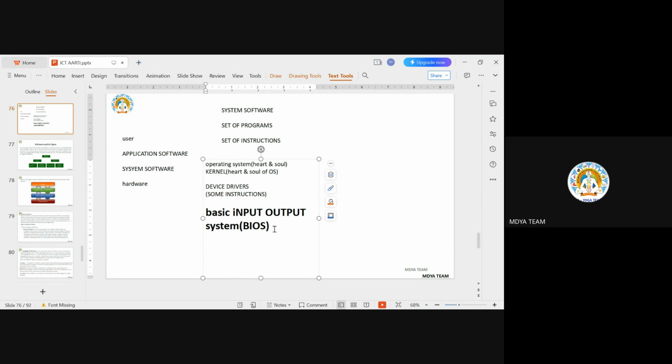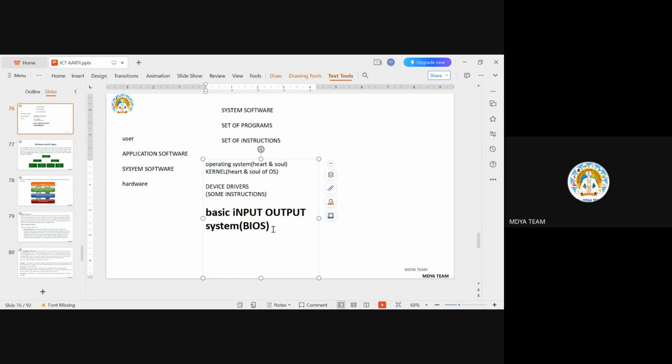So this is also a program, also a system that is stored in the operating system. This is also some instructions that are stored in the operating system.